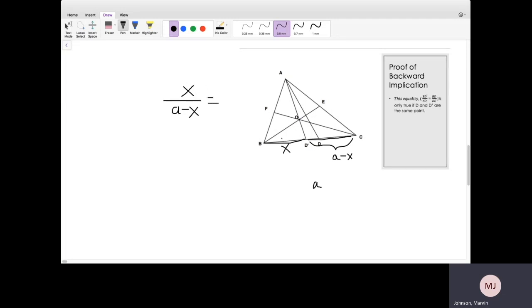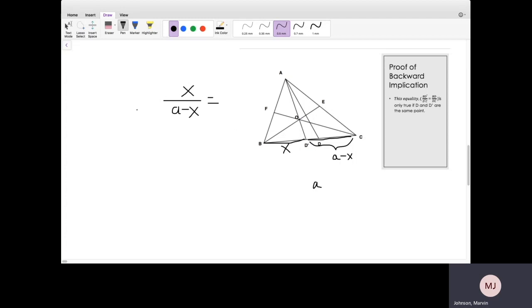X refers to how long this space is here. So we can't have BD prime and BD give us the same ratio. There's only one X value. Basically, we're saying this is a one-to-one function. So how are we going to prove that? We're proving that it's monotonically increasing is another way to explain that.